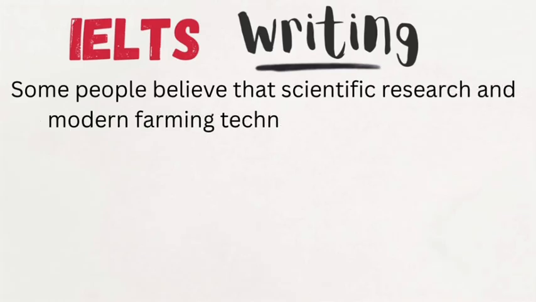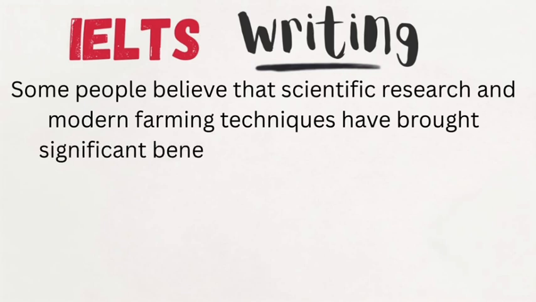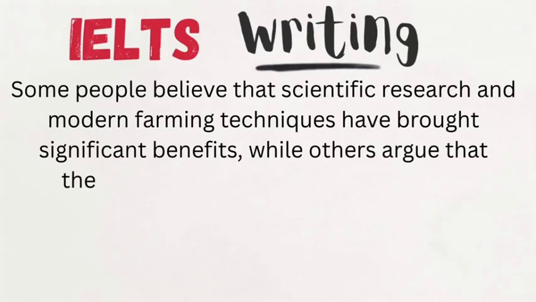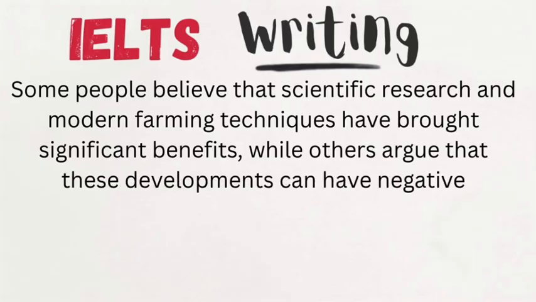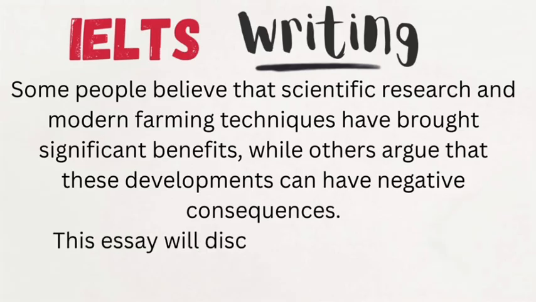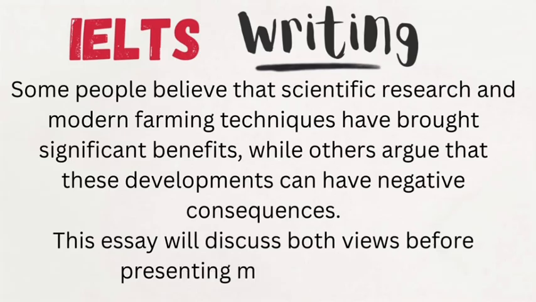Some people believe that scientific research and modern farming techniques have brought significant benefits, while others argue that these developments can have negative consequences. This essay will discuss both views before presenting my own opinion.